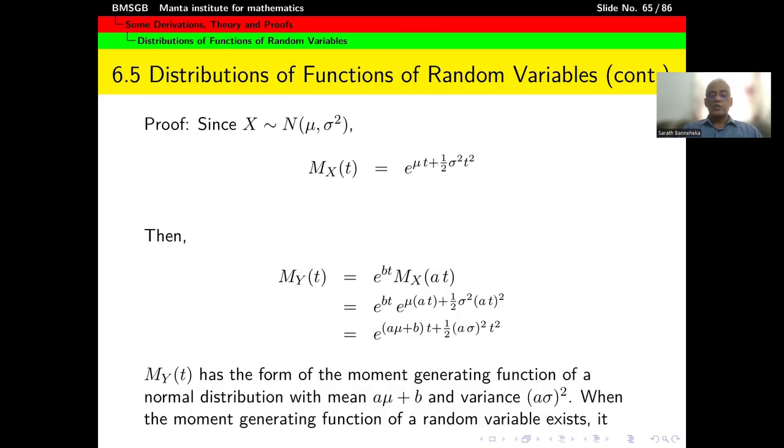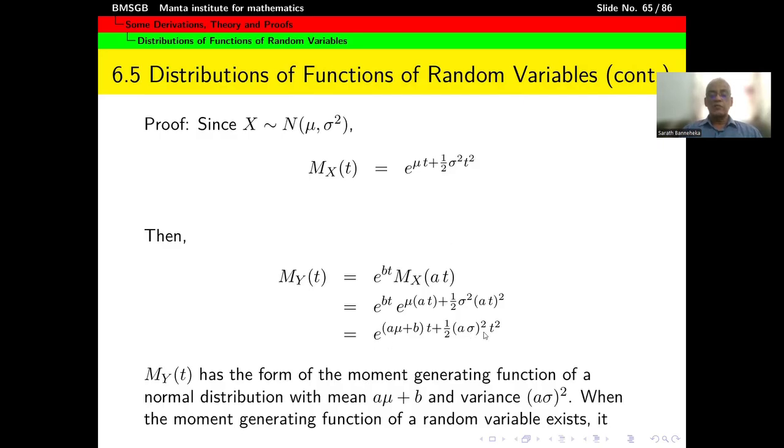Now you have to see whether you can identify this as the moment generating function of some known distribution. Notice that this moment generating function is a function of t. It has e to the power something times t, plus some other thing times t square.